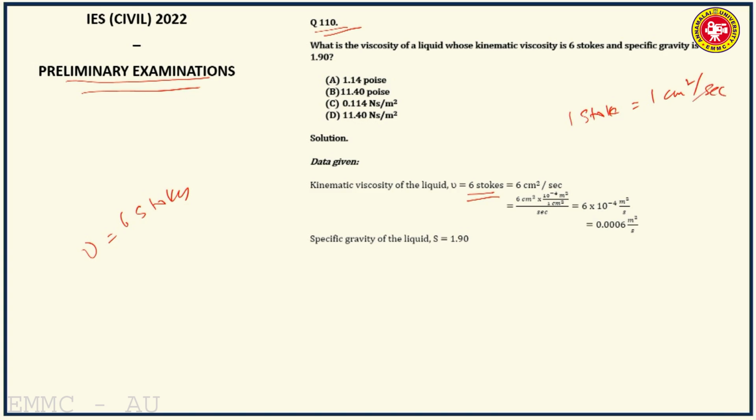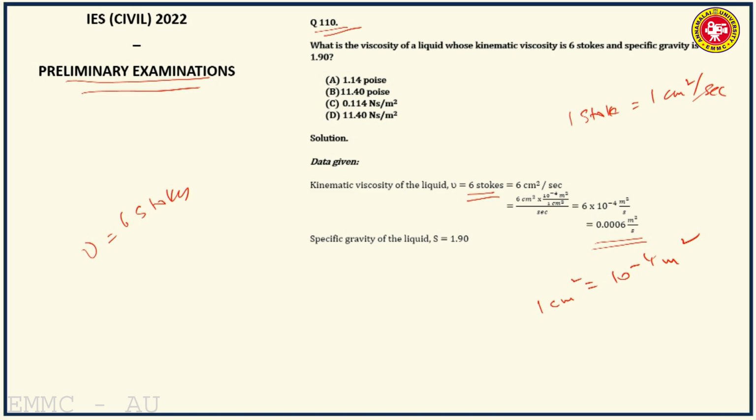So 6 centimeter square per second. Centimeter square must be converted into meter square. So 1 centimeter square is 10 power minus 4 meter square. So you get 6 into 10 power minus 4 meter square per second. So this becomes 0.0006 meter square per second.